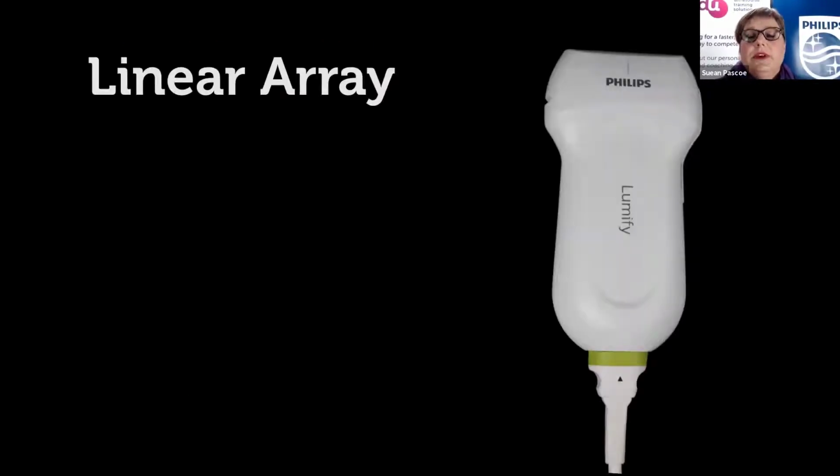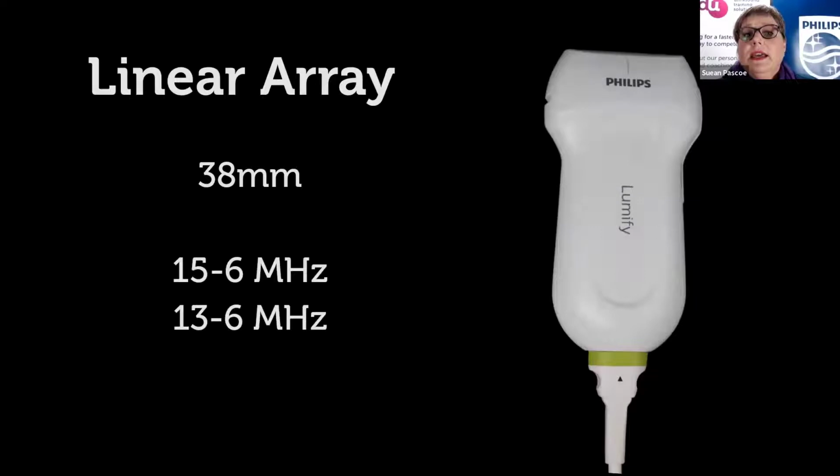The other probe that you can use is the linear array. This is my choice pick for pneumothoraxes because it's really good near field resolution. The megahertz range is 15 to 6 or 13 to 6, depending on what systems you're using. And the footprint is quite wide as well, usually 38 mils or so.